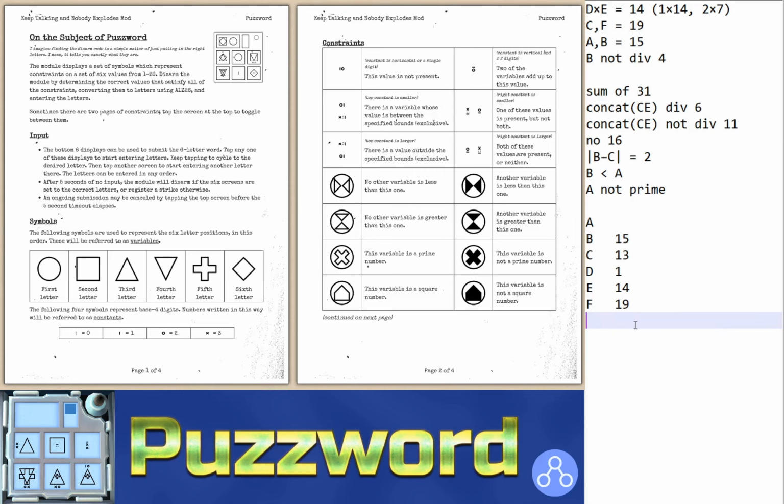So this would be all of the values, and now we need to figure out a value here that is greater than 15, so it's at least 16, but it's not 16 itself, because there is no 16. And we need a sum of 31, so we can figure out which values we would need to make any of these 31.